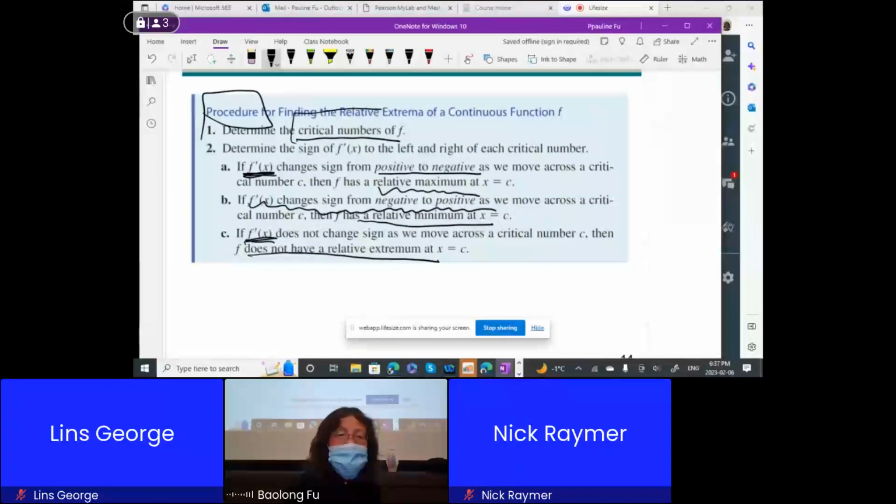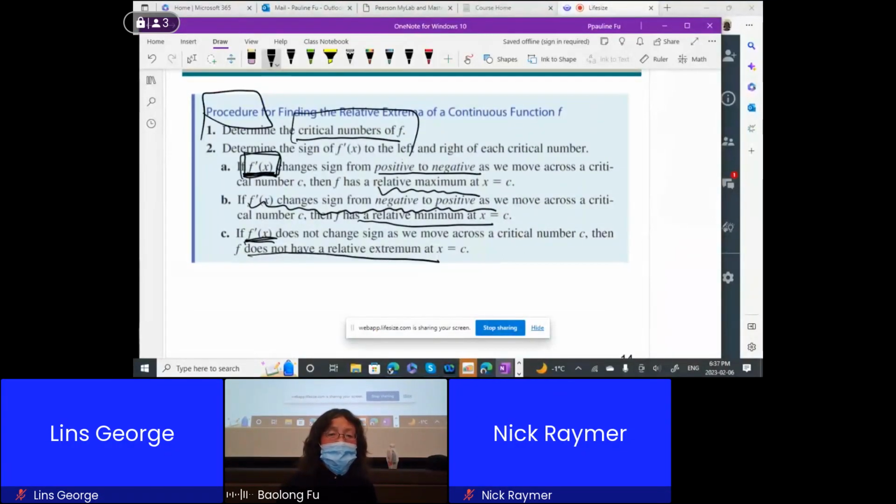First, determine the critical number, and then watch the sign of f prime of x, the derivative. If the derivative changes from positive to negative, you have a maximum. If the derivative changes from negative to positive, you have a relative minimum. So that is session 1 of chapter 4. Any questions?